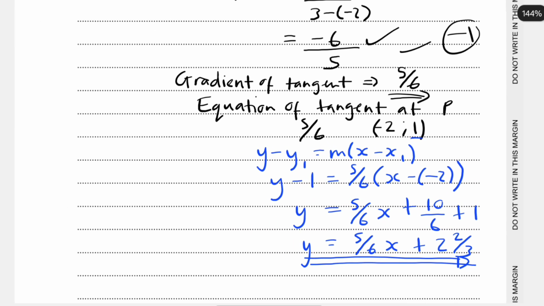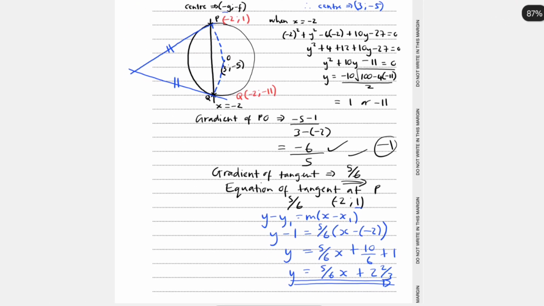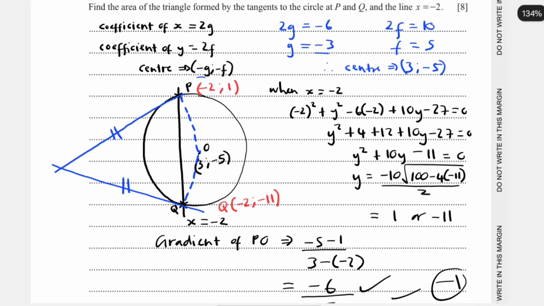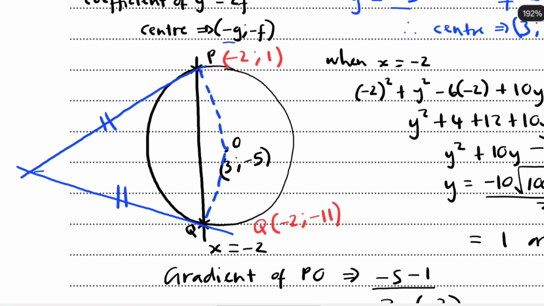And for us to find the coordinate of the intersection of these two tangents, we're not going to try and find the equation of the other tangent, since we know that this line right here, if we draw a line, it will pass through the center, right? This is equal to this, and these two are equal, so that line will pass through the center.